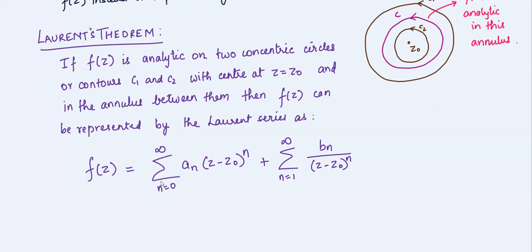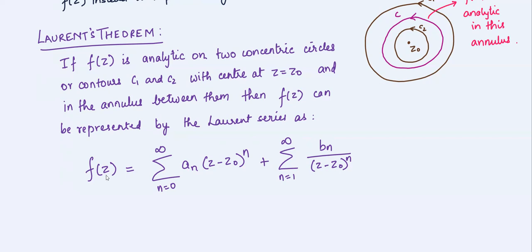This part is the usual Taylor series expansion, the first part. The second part has z minus z naught in the denominator, so it gives the idea of the singularity. With z equal to z naught, you substitute, the function will not exist. So far what we have discussed is that the function is analytic.